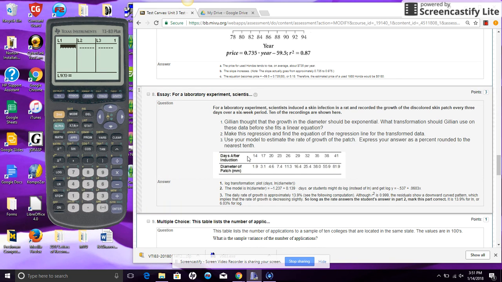So I'm going to enter days after induction in L1. This is going to take a bit of time, so just bear with me. What I'm using is a calculator simulator, and I have to enter all the numbers in with my mouse, so that's why it takes me a little longer.